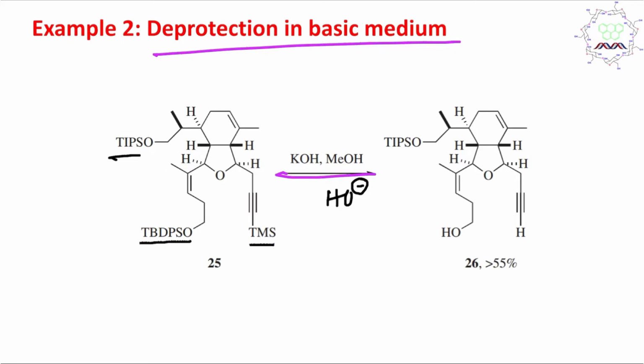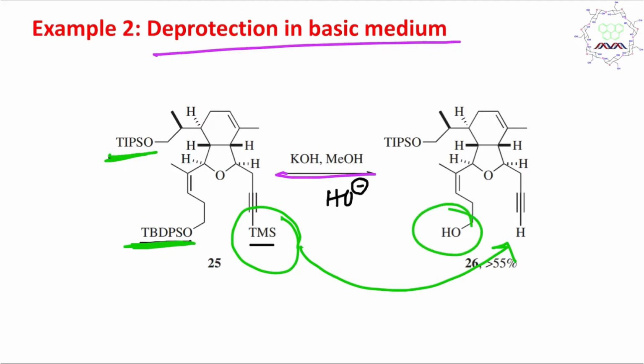So which one is least bulky? This one. So you can see this one is first, and the second is this one. Just try to recall, in the case of base mediated methods, TIPS is the most difficult. So that's why you get the hydroxyl here, but this is the second priority, first is this one.